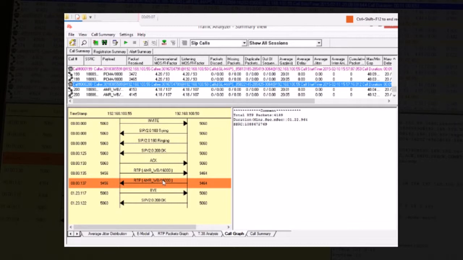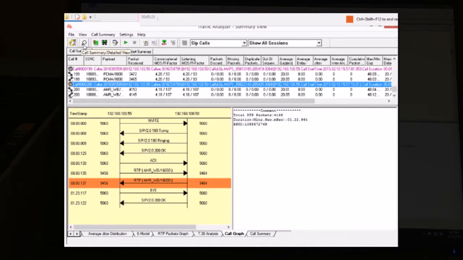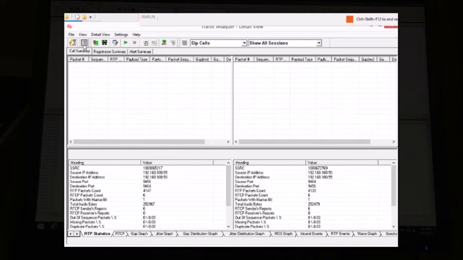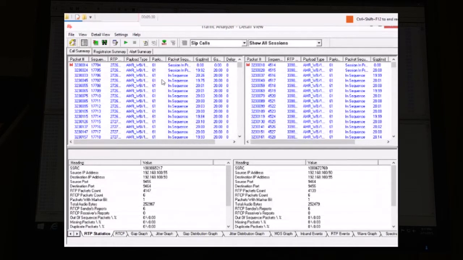If you wanted to go into a particular call and get a detailed analysis of what's inside the RTP, we have another view. It's called the call detail view. Click on that. This particular call is analyzed on a packet-by-packet basis.